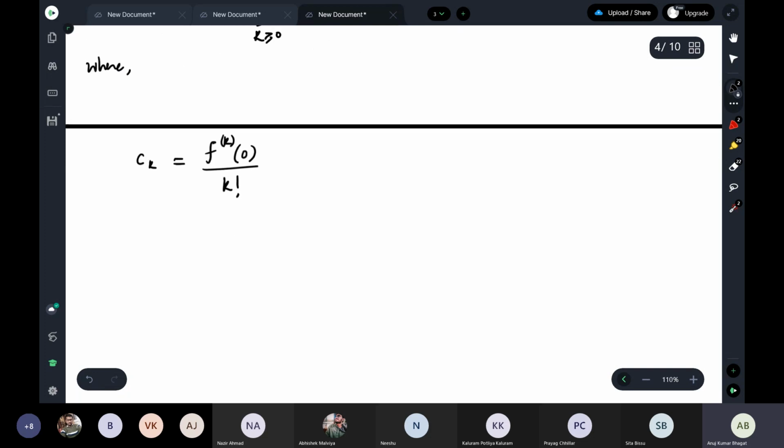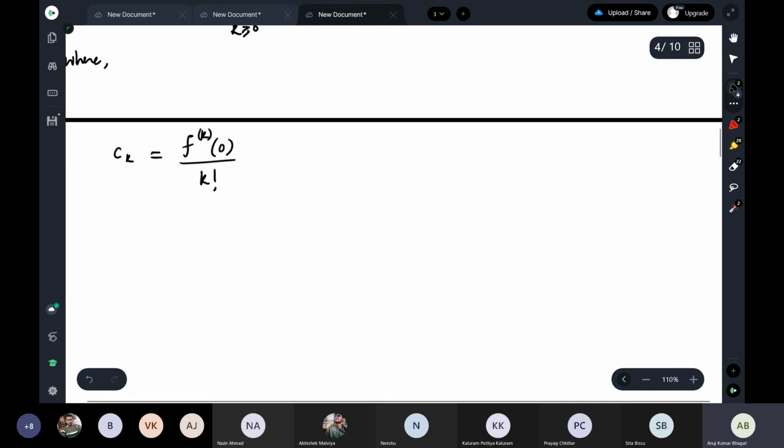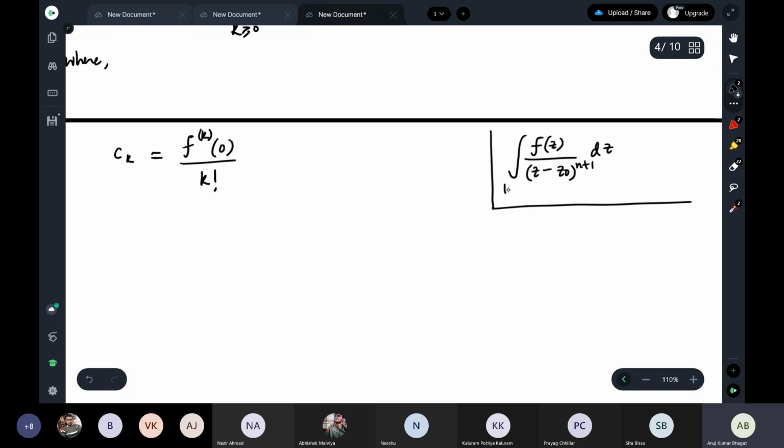Okay. So do you remember Cauchy's integral formula? What was the formula for the general version? Integration of some function f of z by z minus z0 whole to the power n plus 1 dz about a circle, say mod z equals to r, provided this z naught is inside this circle.